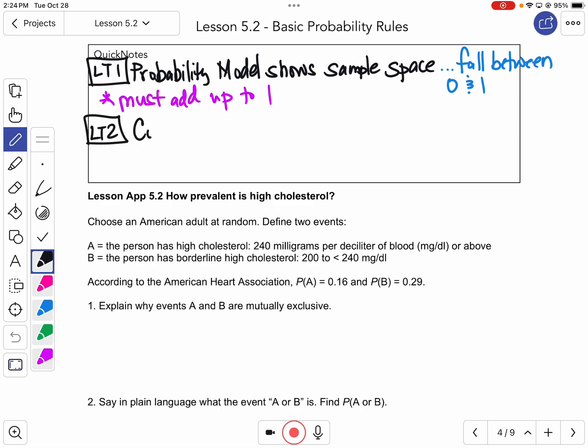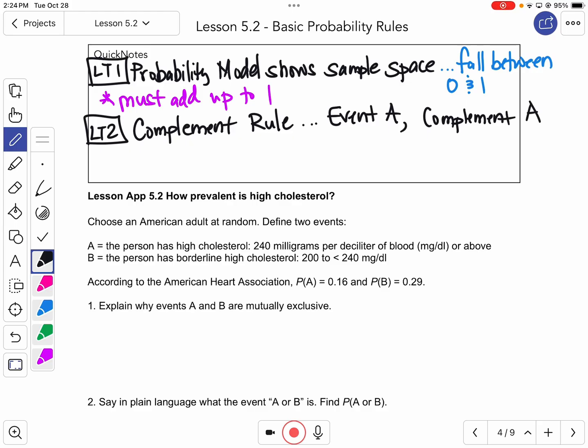So a complement, in the complement rule: if I have an event that we call A, its complement is A with a superscript of C. That's what that is when you see that.